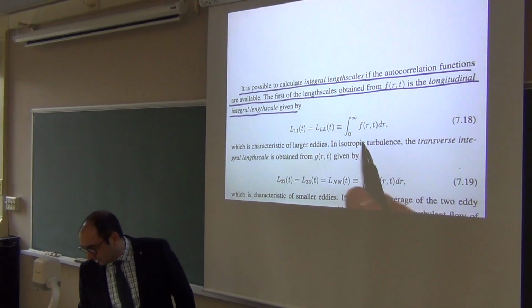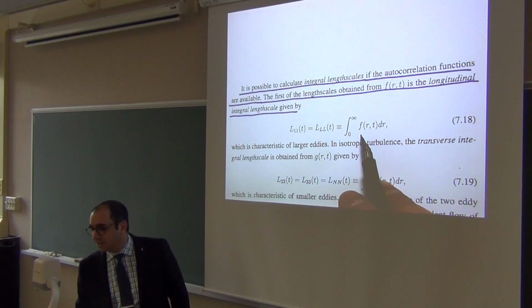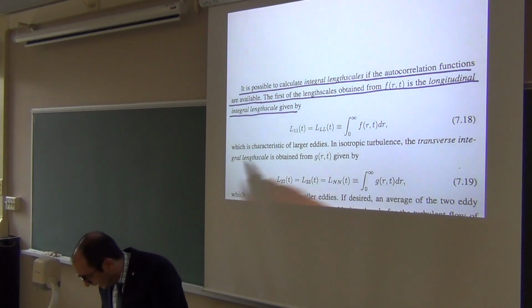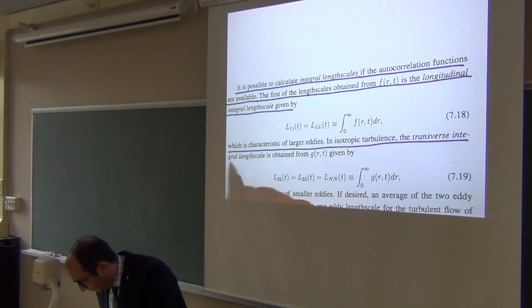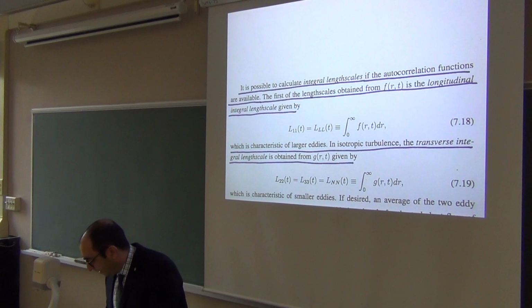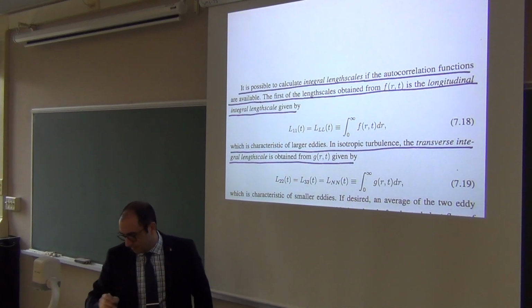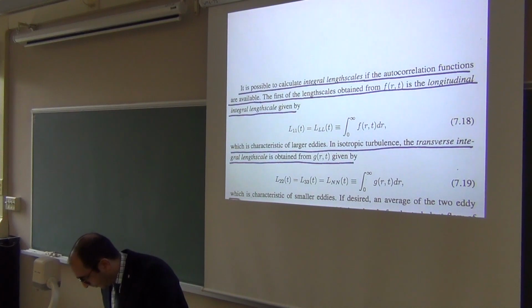If you remember, we did this for time scale. We integrated autocorrelation function rho, I apologize, rho, and it gave us integral time scale. And likewise, you can calculate the transverse integral length scale by integrating function g, okay, which is characteristically smaller than these.